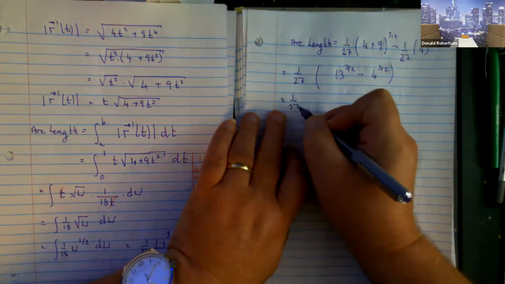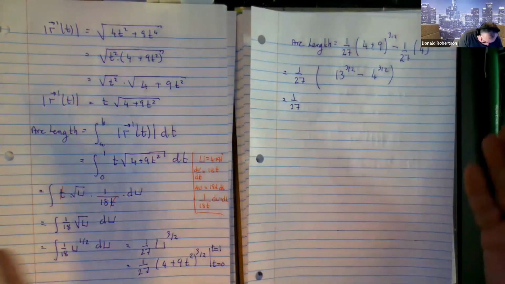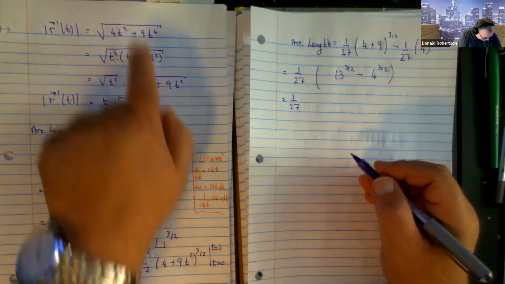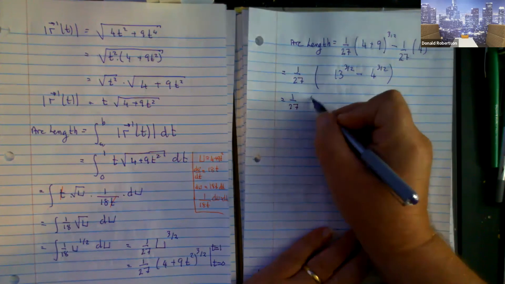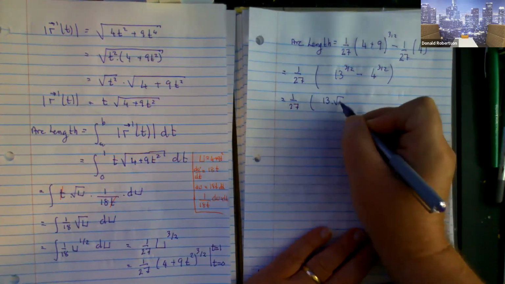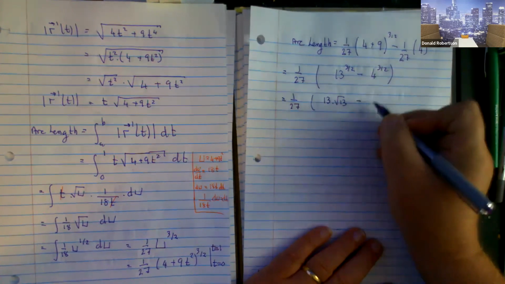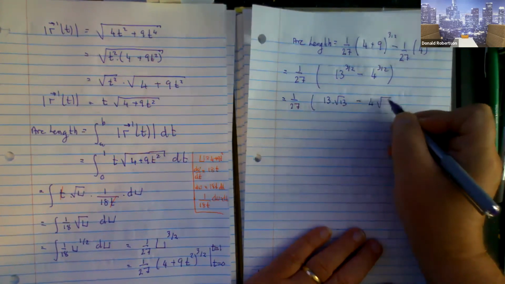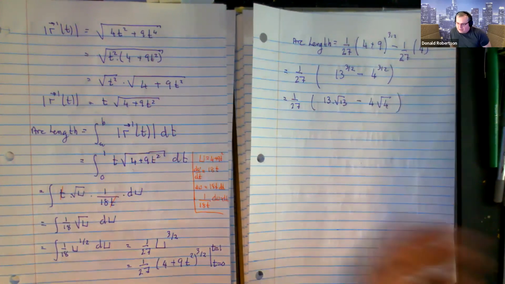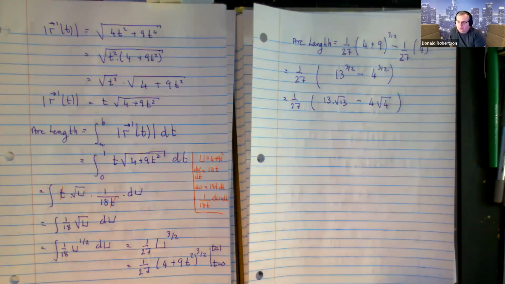The original question had square roots, you know, it's here and here, it's all over the place. So 13 to the 3/2 is the same thing as 13 square root of 13. And this guy is the same thing as 4 square root of 4. It's like 1.5 powers, right? So you get the number and then a half power, which is a square root.